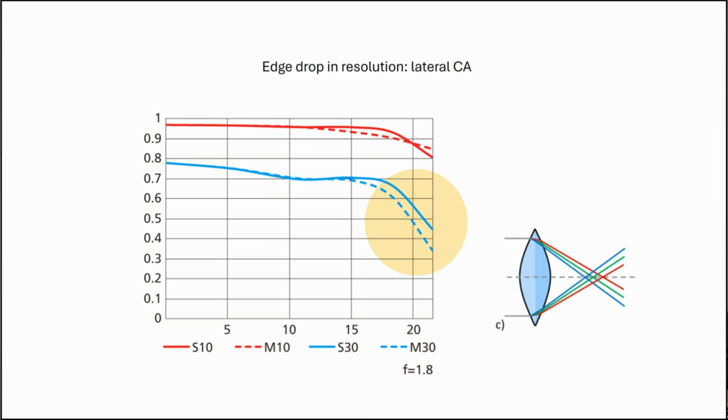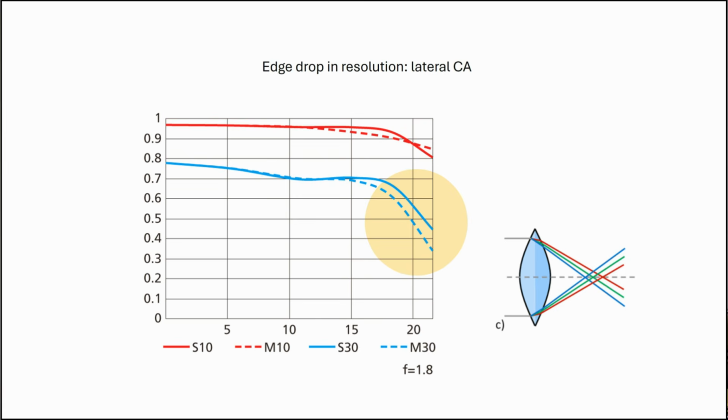In practice, chromatic aberration appears as color fringing across high contrast areas in the image. And it mainly affects the periphery of the lens, because oblique light tends to suffer more than on-axis light.